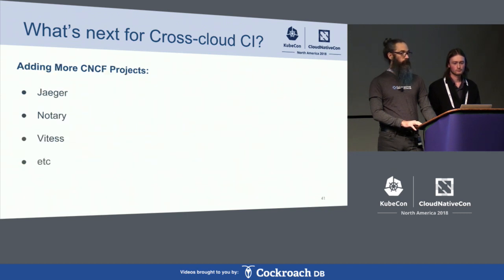Adding more projects. So one of the big focuses for us going forward is increasing focus on the projects themselves, including getting to more integration tests, and then cross-project compatibility, which was one of the original goals.